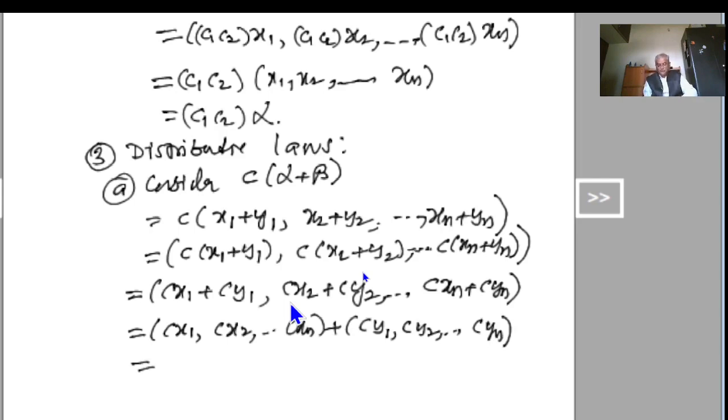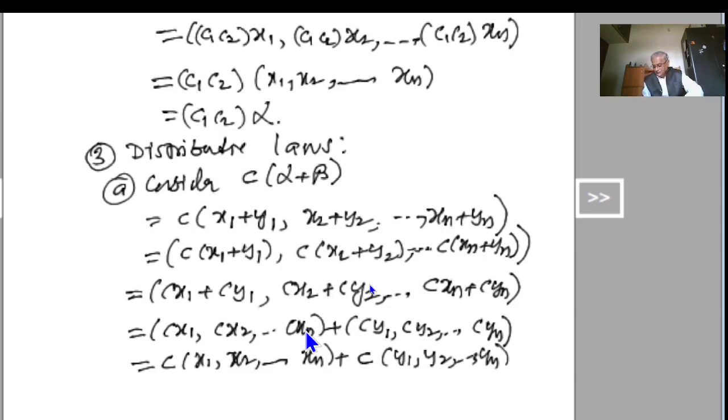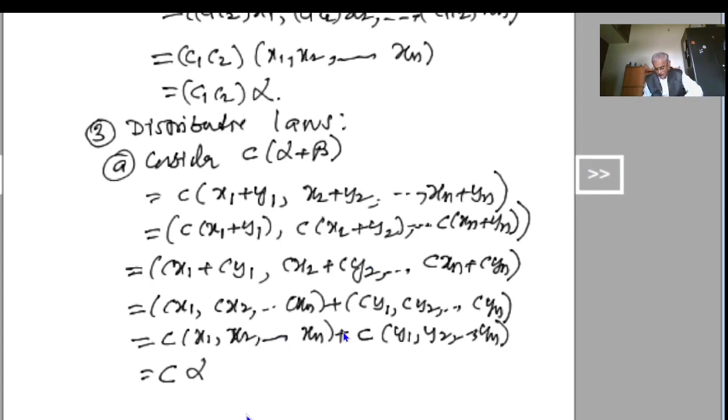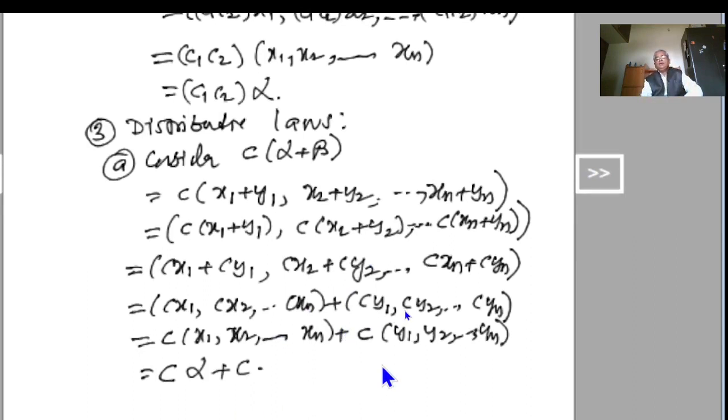Again, we can write c outside by the definition: c into x1, x2, xn plus c into y1, y2, yn. This is c into alpha plus c into beta. So c into alpha plus beta equals c alpha plus c beta. That is, the left distributive law is satisfied.